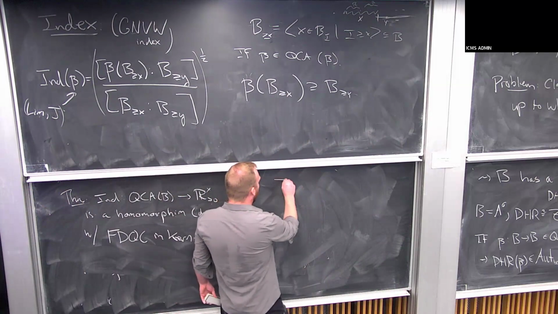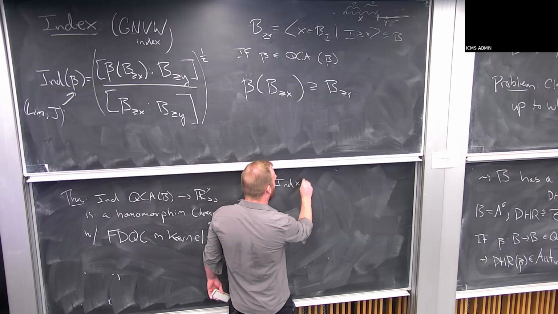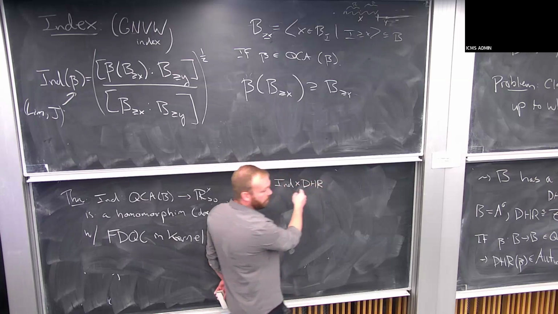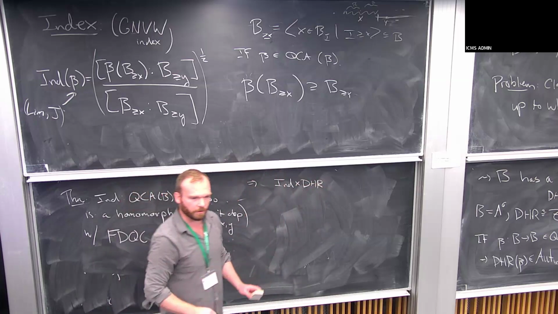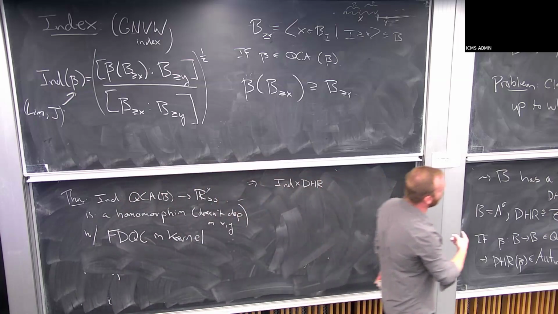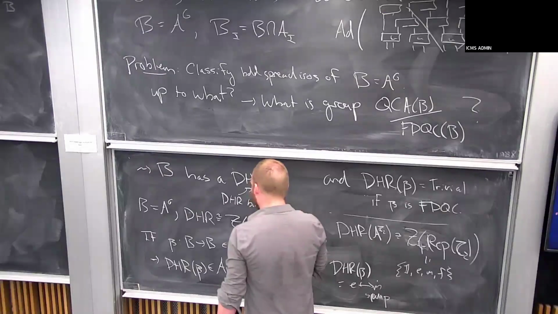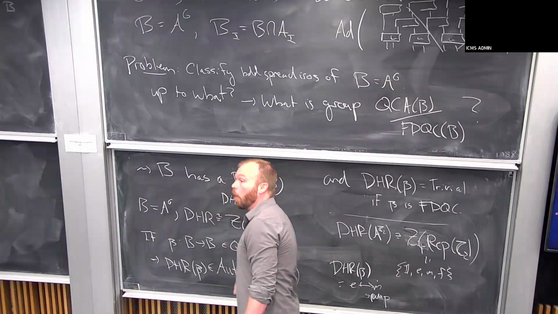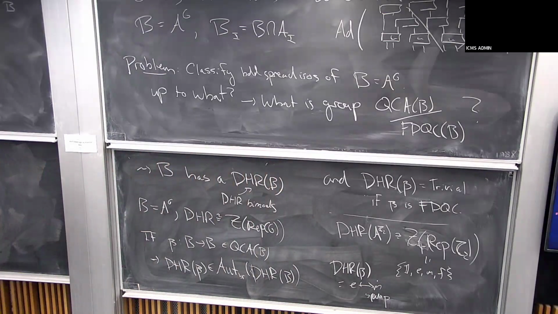So what's the upshot? Now I have a pair of homomorphisms. Again, using this funny, weird way of DHR as a functor, as a homomorphism, I'm calling the homomorphism from here to here DHR, which is probably confusing.